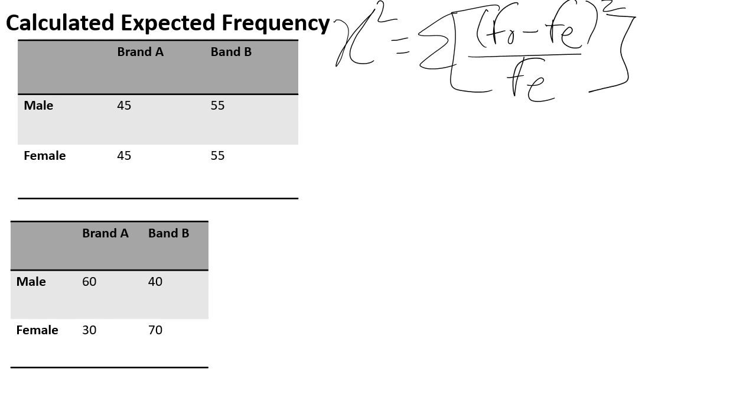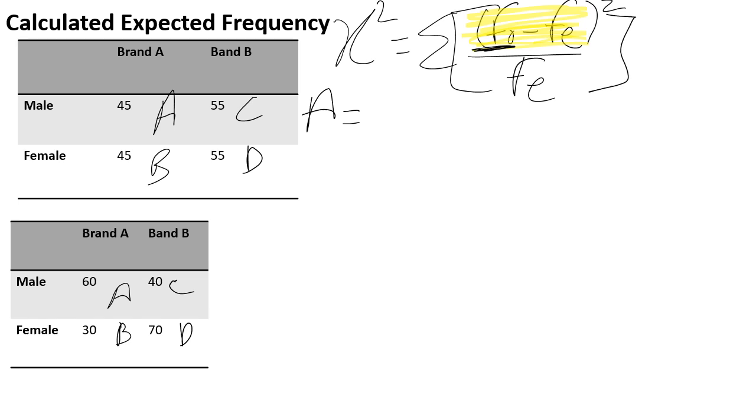So now I am just calculating this part, which I am highlighting, that is FO minus FE the whole square. So again, for our understanding, assuming this as A, B, C, D cell, and here also A, B, C, D cell.